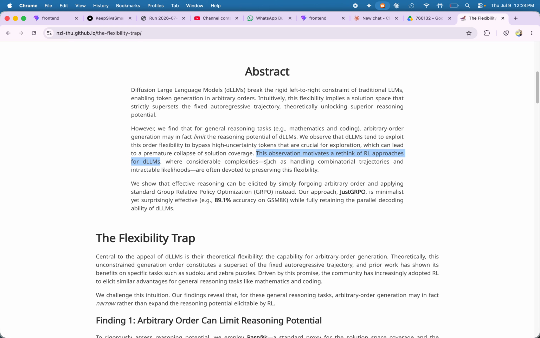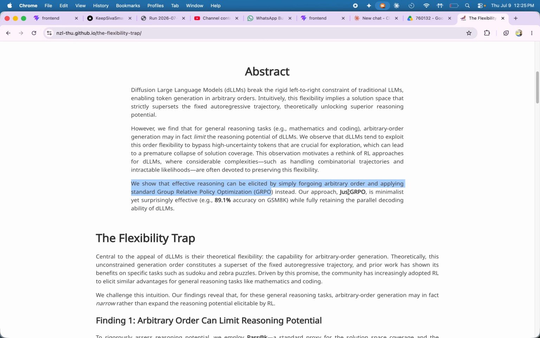The complexity comes from multiple trajectories, right? Because it works across multiple different arbitrary predictions. But what the paper suggests is that instead of going in arbitrary order, we simply force it into a particular left to right order by using the GRPO technique.